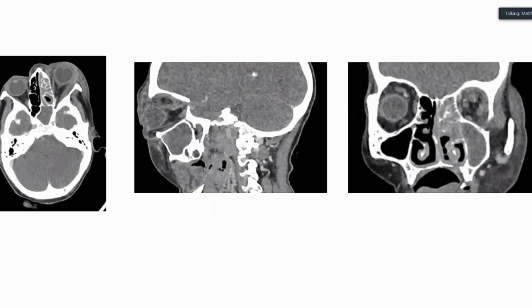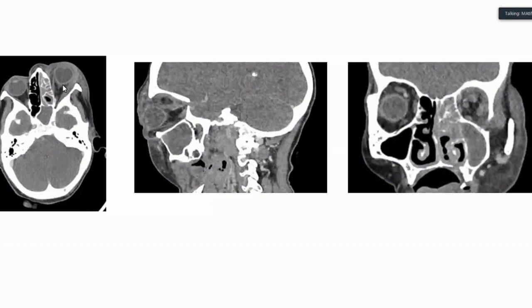Would you like to communicate with the clinician and tell him or her emergently that this patient needs urgent treatment? Yes, I would do. This is basically a case of orbital cellulitis. Okay, right, sir.